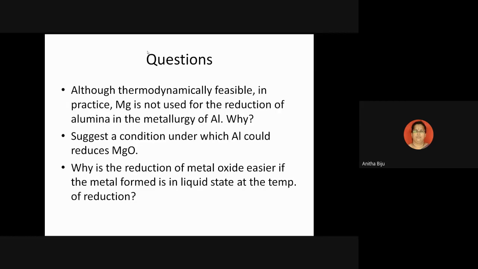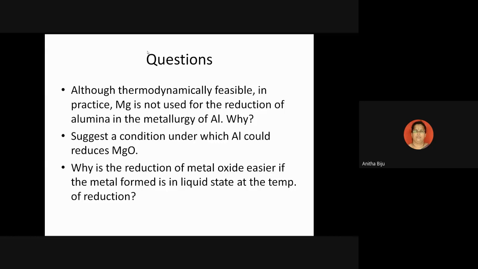Thermodynamically feasible in practice, but it is not used for the reduction of alumina. Alumina means what? Alumina means aluminium oxide. Now, aluminium can reduce magnesium oxide at high temperature near about 1350 degrees Celsius.